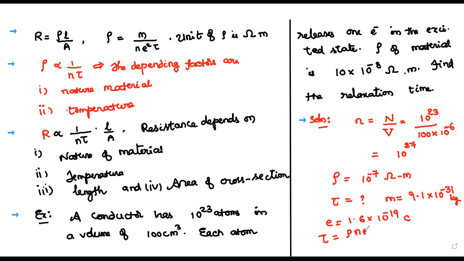Rho n e square. Sorry, m by rho n e square. 3.5 into 10 to the power of minus 20.